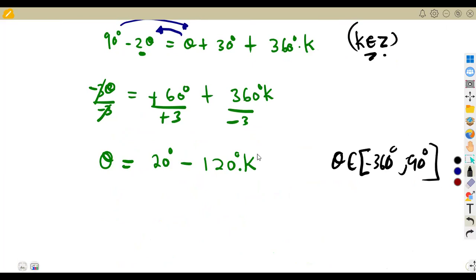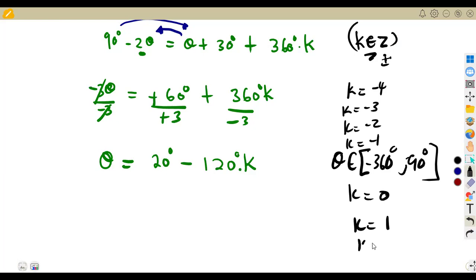So you have to test the values of our integers, positive or negative whole numbers. We can test if k is equal to minus 4, minus 3, minus 2, minus 1, 0, 1, and so on. It's up to you. As long as it is within the interval, the solution must be taken.